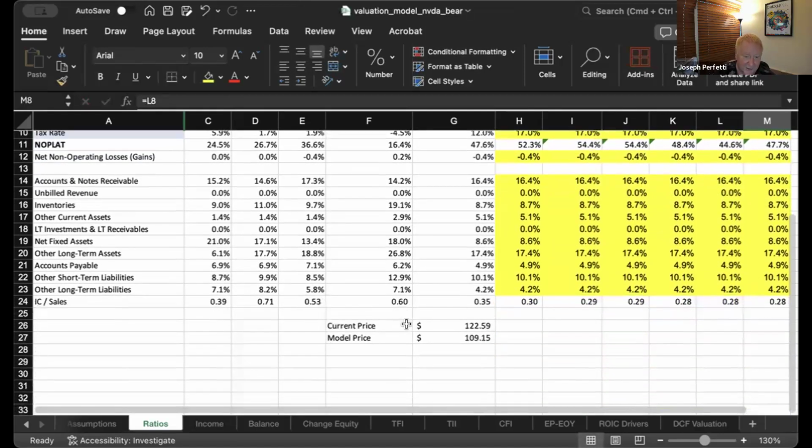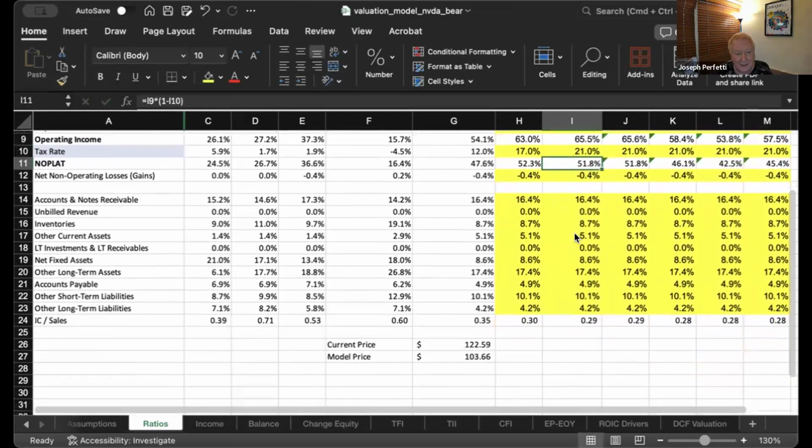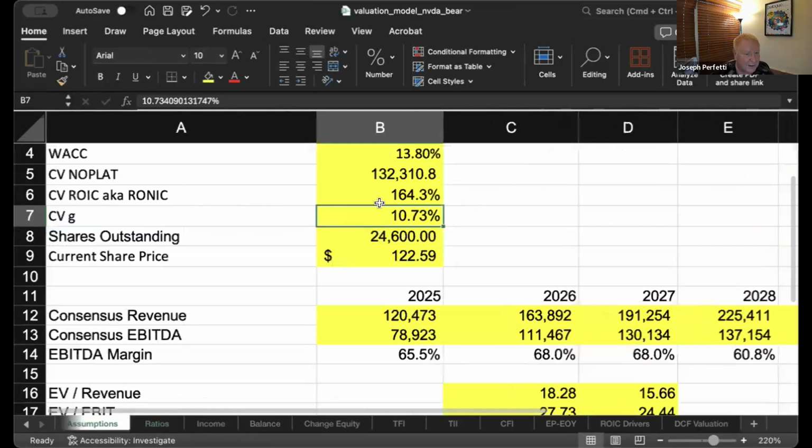well, then our share price is now 109. And if tax rates starting in 2026 go back to 21% because they expire and nobody does anything about it, then the share price is down to 104. And if these growth rates, particularly in the out years, are not 17%, but start falling closer to 10, and in perpetuity, instead of 10.7, it falls closer to 9.